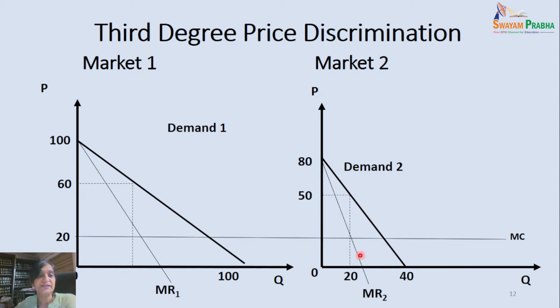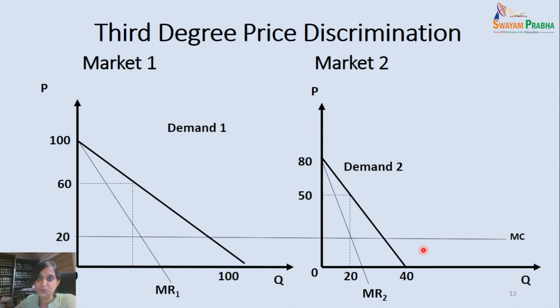There is a difference in elasticity in both the demand curves. Let us assume that 20 is the constant marginal cost of this seller. Corresponding to each demand curve, we have a marginal revenue curve.